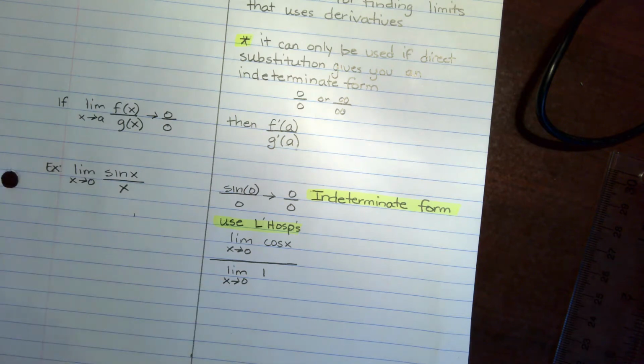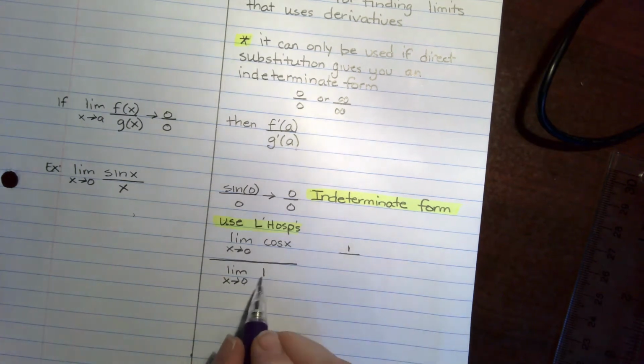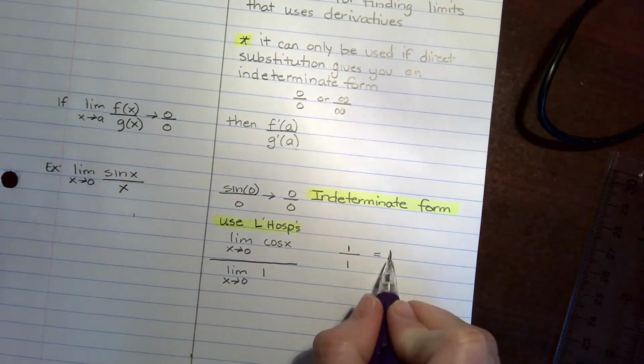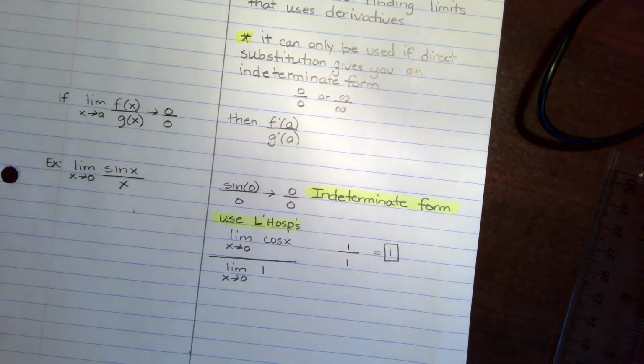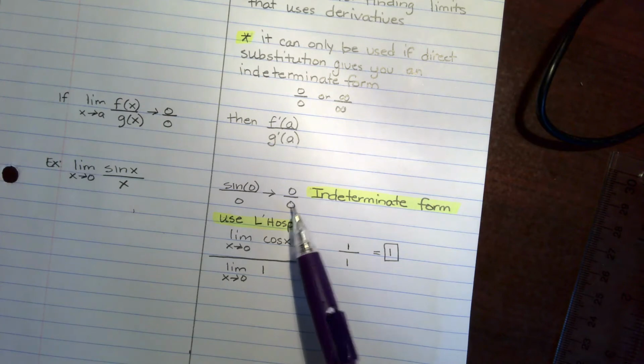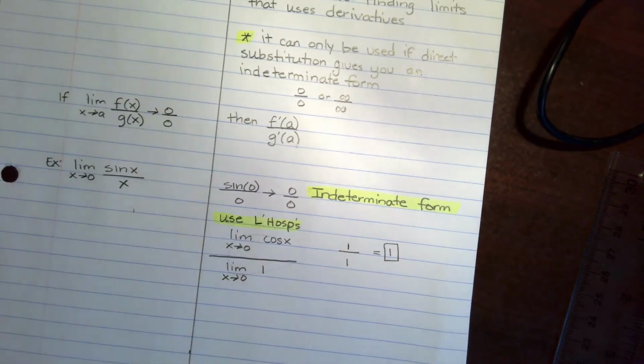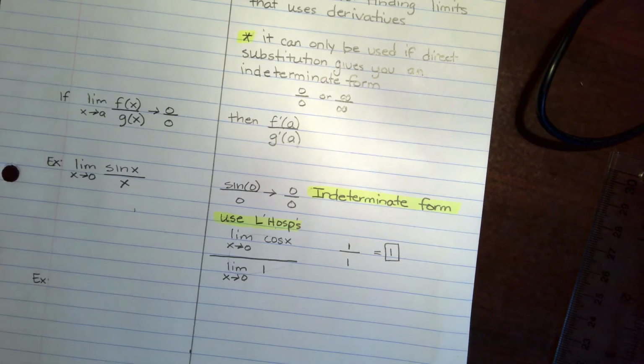Don't try to use the quotient rule. So this would be the cosine of 0, which is 1. This would be 1, it's a constant function, and there's my solution. So if I were doing this using L'Hôpital's rule, remember, you've got to say that, show that. But it's kind of a nice little backup. Sometimes you could use this on anything that gives you the indeterminate form.